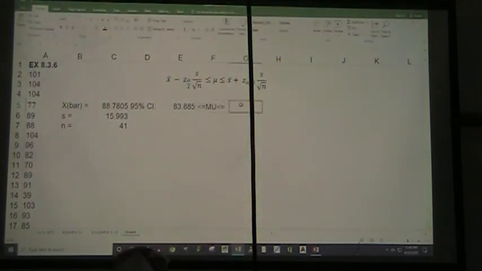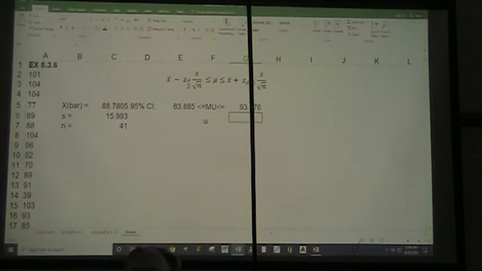Now I'm going to calculate my upper side equals x bar plus z alpha divided by 2, 1.96, times my sample standard deviation divided by the square root, SQRT, left parenthesis, click on 41, right parenthesis.